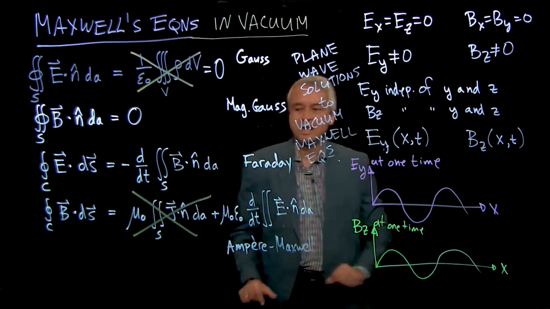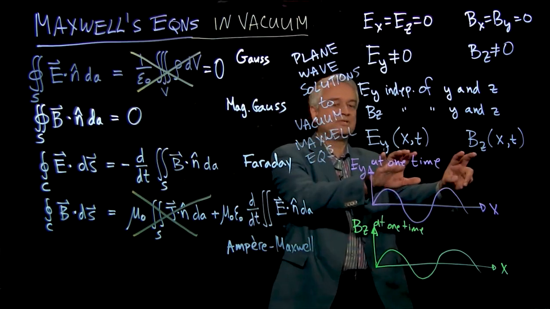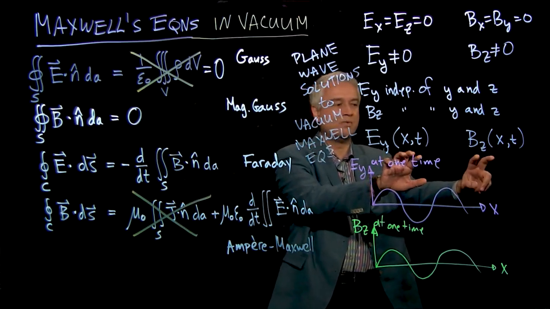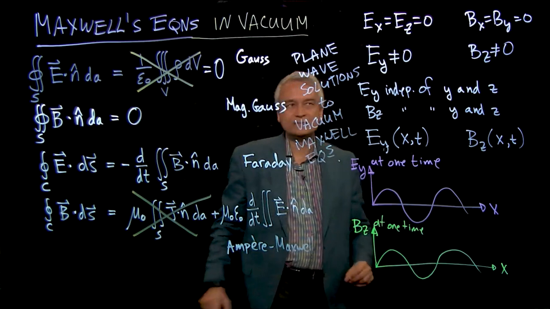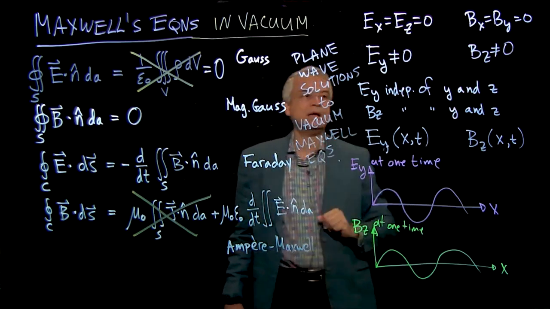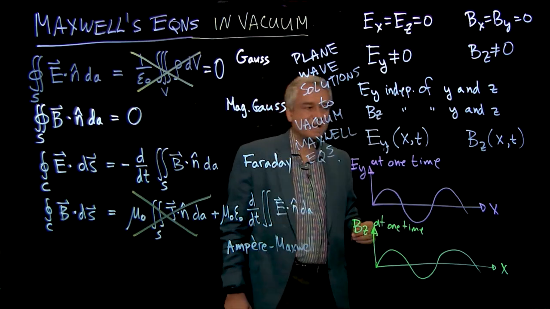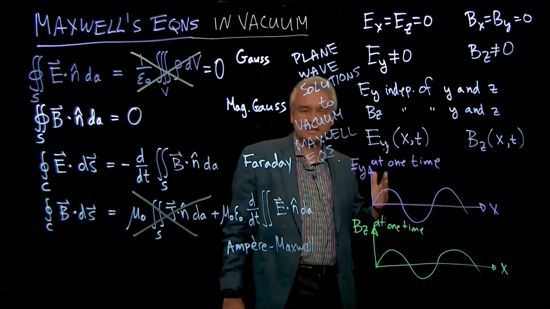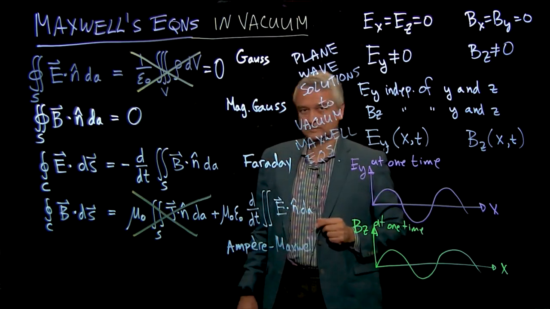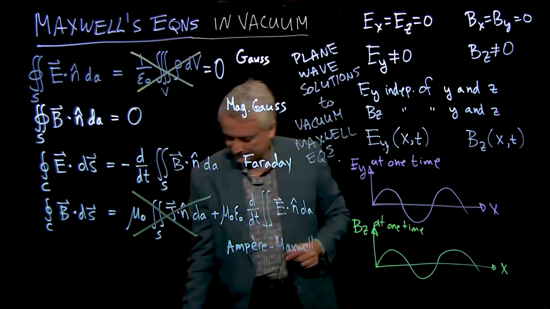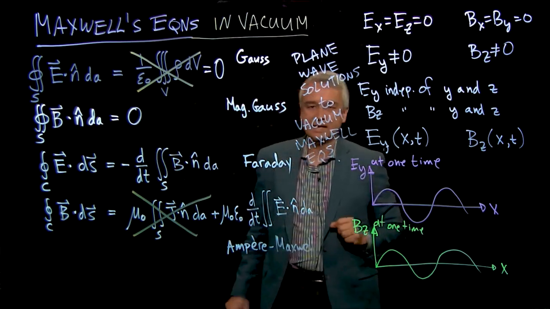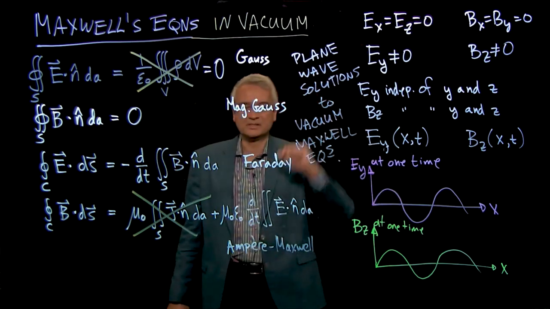These two equations, I need to show you how to solve them and find out what these equations tell us must be the case about these two functions, EY and BZ, always keeping in mind that EX and EZ and BX and BY are all 0, and that EY and BZ are independent of Y and Z, meaning that what we're describing are plane wave solutions. And that's where we're going. And we'll start by showing how to solve Ampere-Maxwell, and then we'll show how to solve Faraday, and then we'll put it all together, and we'll see what it tells us about these solutions.